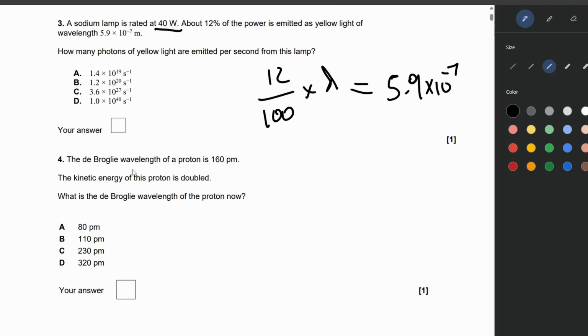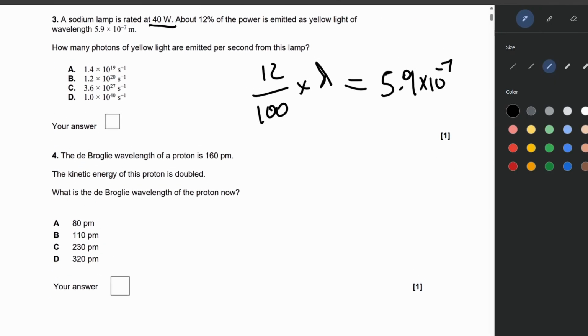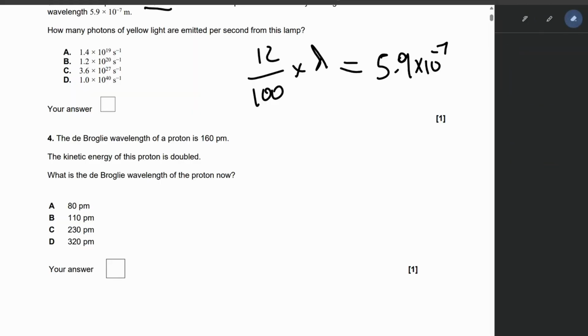Actually, it's only 12% of the power. So it's not 12% of the wavelength, it's 12% of the power.